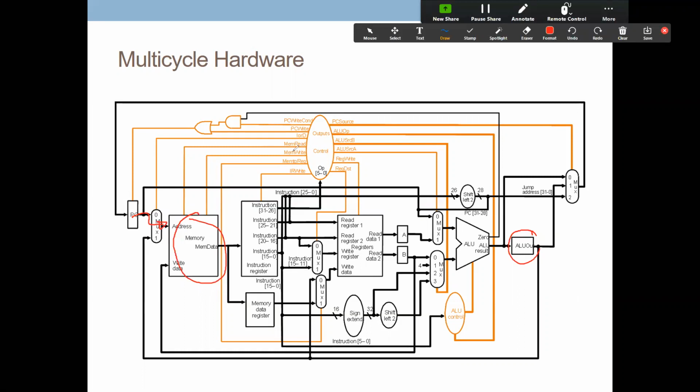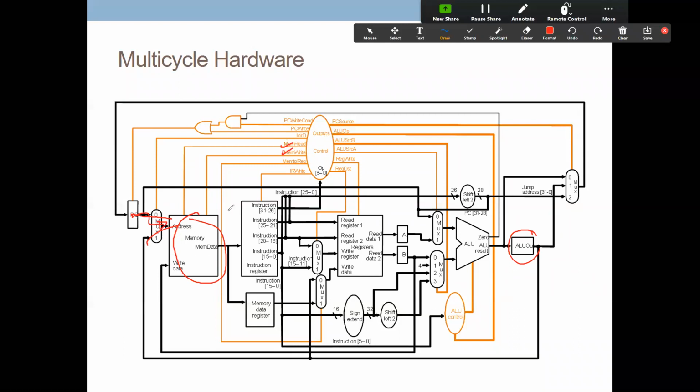Now we have the classical memory read and memory write, which control whether we want to write data or read data. And this multiplexer, which chooses whether I use the memory as instruction memory or as data memory, is controlled by a control signal called I or D, so instruction or data.